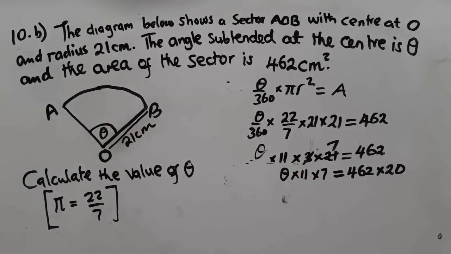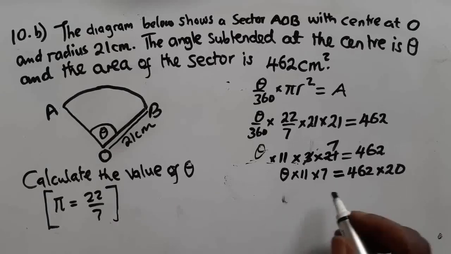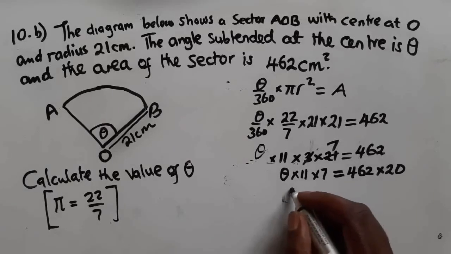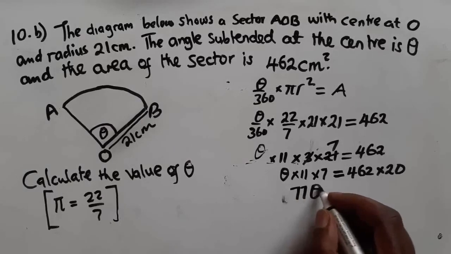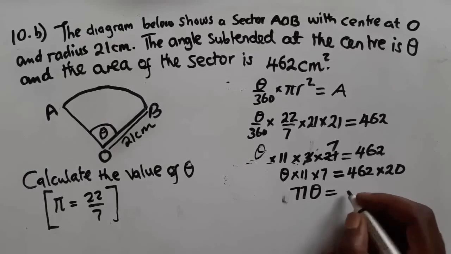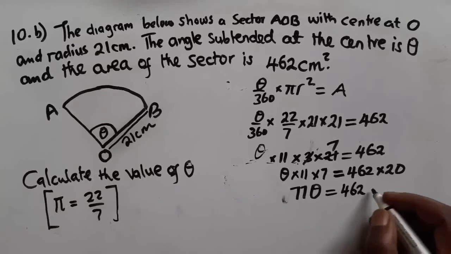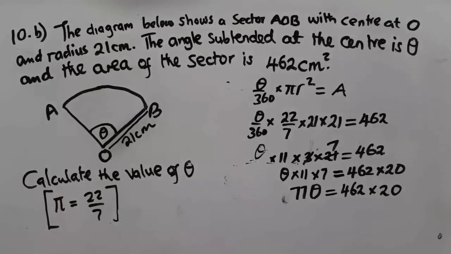Now, this is the point at which we have to begin to work out on both sides and simplify to see what we are going to get. So we are going to have 77 theta is equals to 462 multiplied by 20.